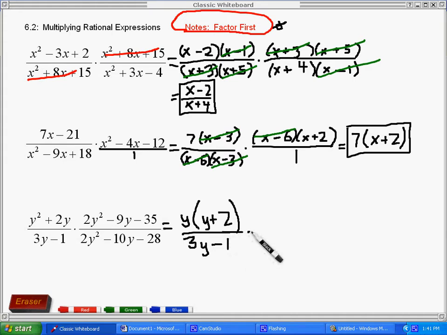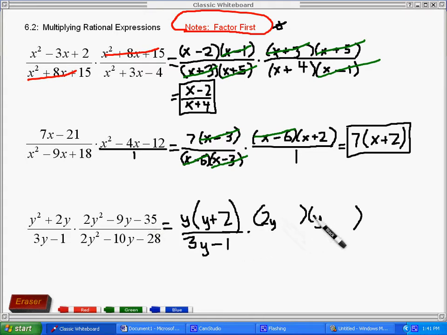And then this is being multiplied by another rational expression, which happens to factor with 2y and y at the front to get 2y squared. And then here we got 35, which is probably going to be 7 and 5.